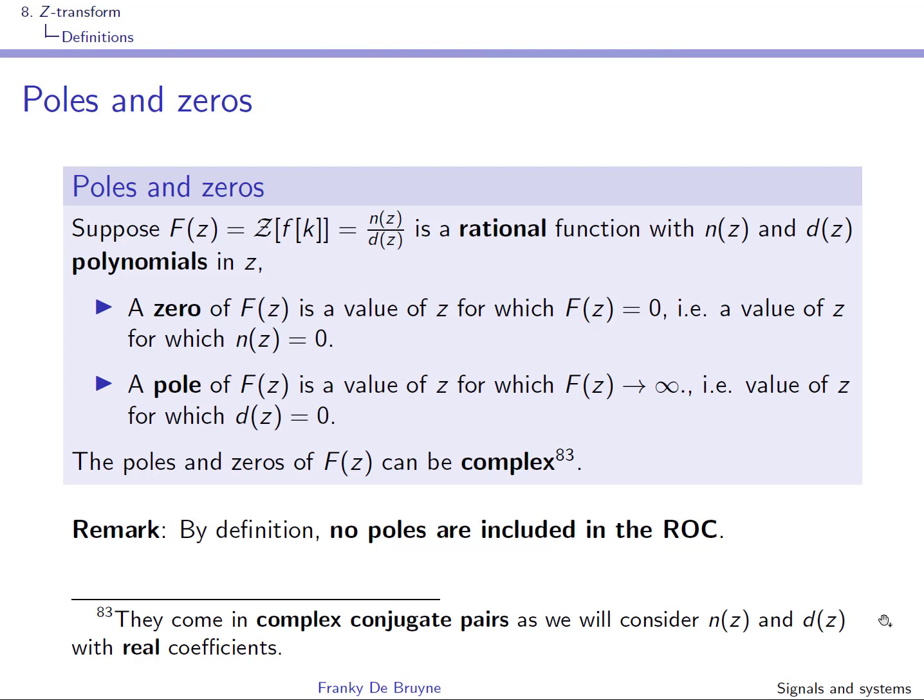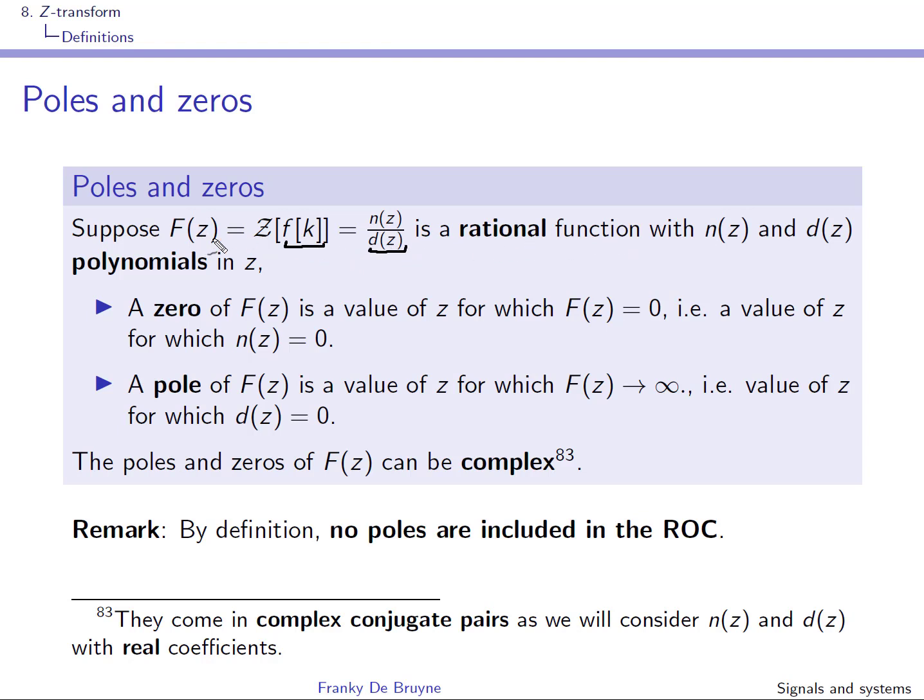We can define the concept of a pole and a zero in a similar fashion as in the Laplace domain. So we are given a sequence f of k, and if we take the Z transform, we'll obtain a rational function in z.